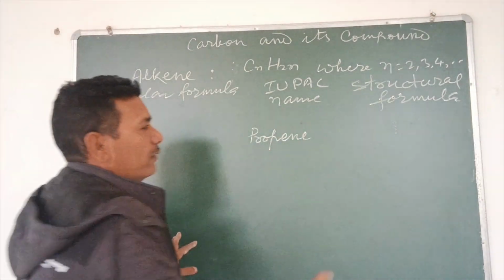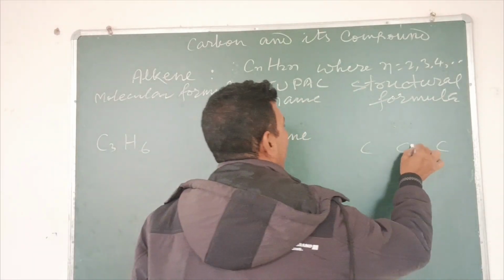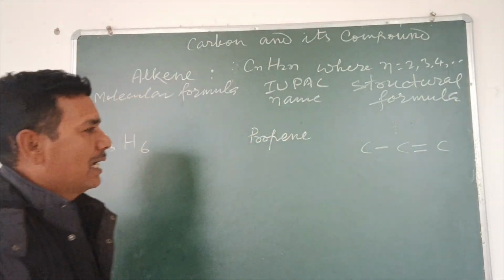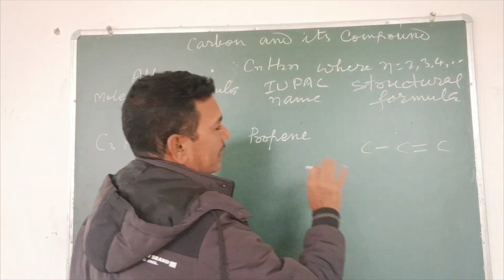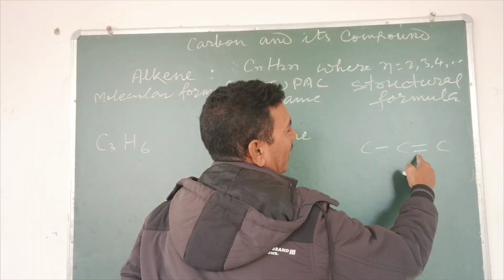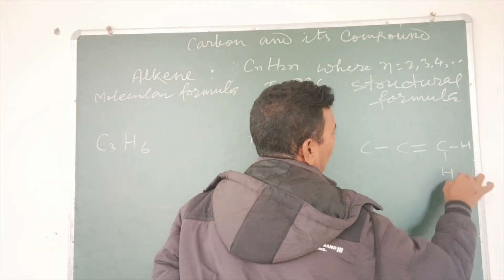In its structural formula, we will first write 3 carbons and 1 double bond between 2 carbon atoms. And by hydrogen atoms we will complete its tetravalence. This carbon has 2 valency, so 1 hydrogen makes 3, and again 1 hydrogen makes 4.